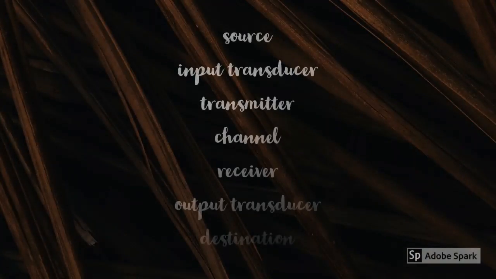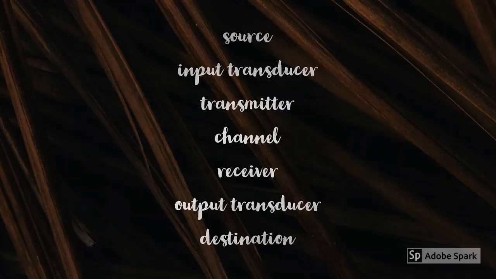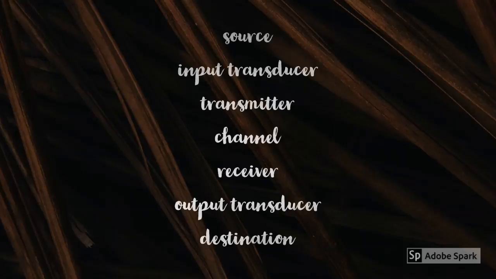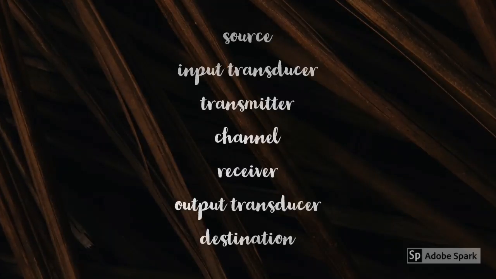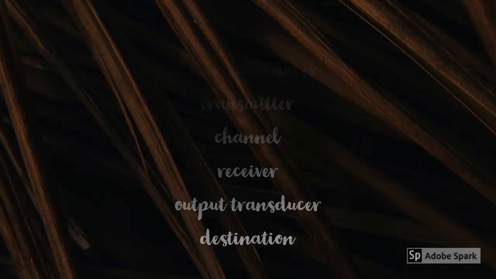Here are the key components for a communication system transmission process: source, input transducer, transmitter, channel, receiver, output transducer, and finally the destination. About all these key components, let's discuss one by one in the further video.